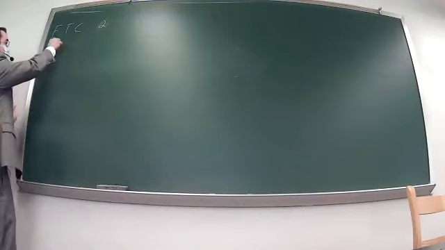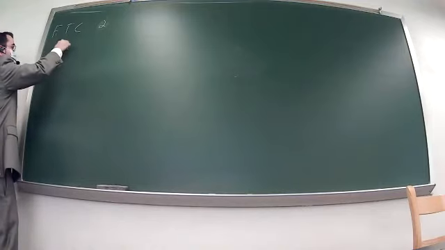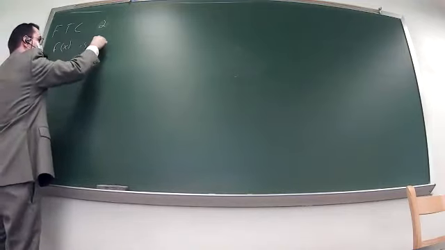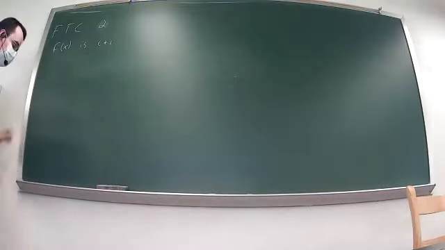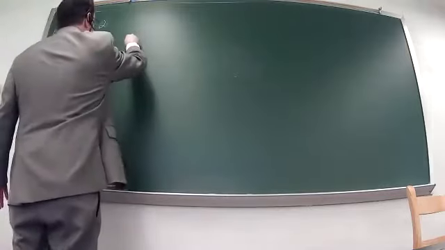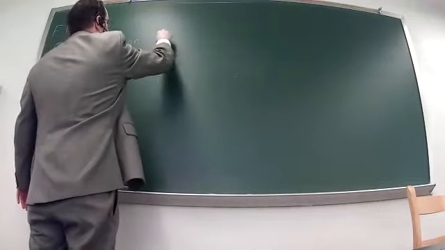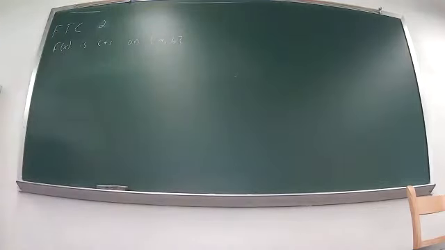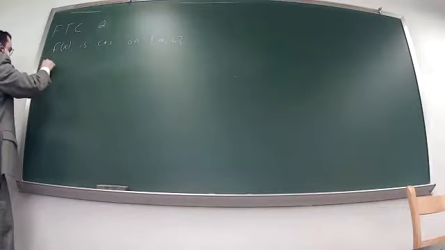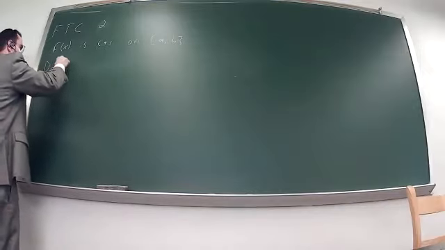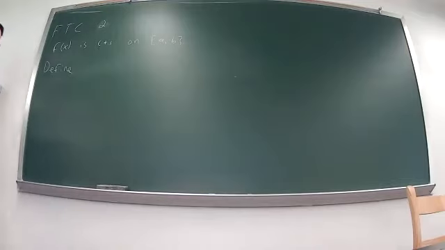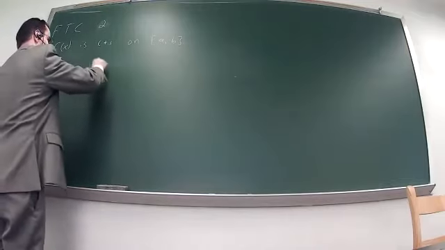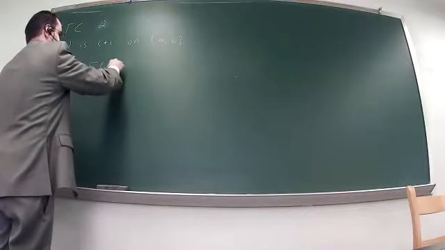So once again, you start with a continuous function, f of x, continuous on maybe some interval from a to b. And now this time, I'm going to define for you a new function called capital F of x.